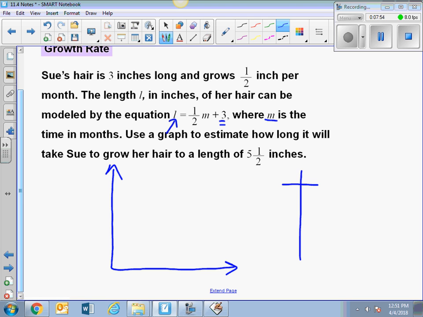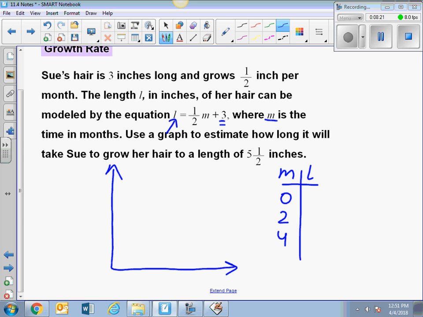L is going to be the Y value, so I put L over here, and I put M right here. We're going to do the same thing we did with the 1/2 on the last one. We're going to put a 0 in, a 2 in, and a 4 in, and then see if that allows us to estimate when it's 5.5 inches.